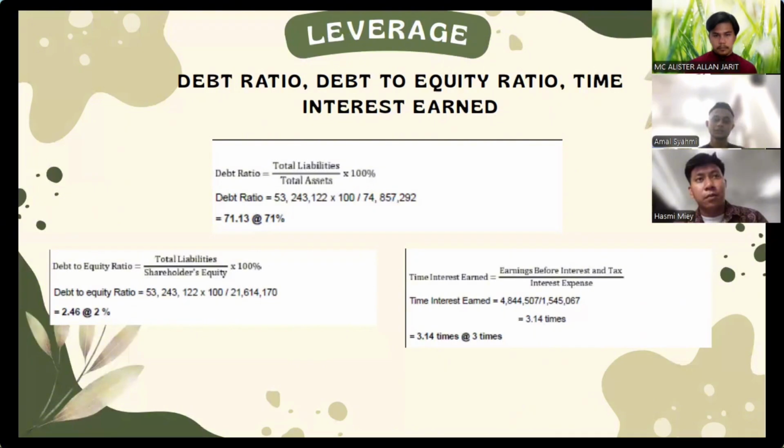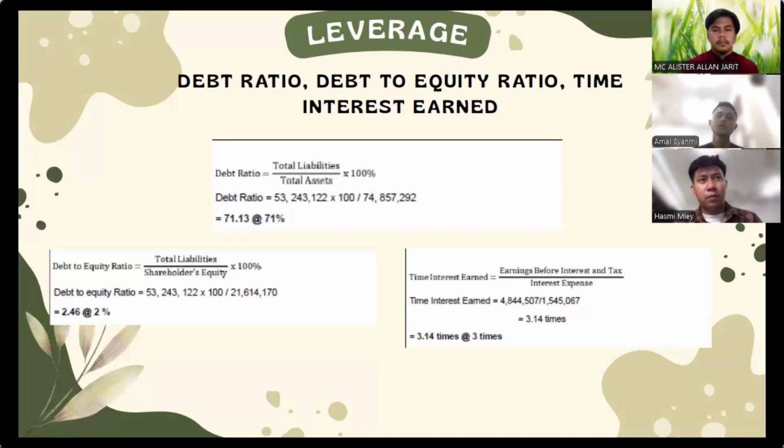And the last is return on capital employed, which is ROCE. It measures how efficiently the company uses its capital to generate operating profit. EBIT is 4,850,507,000 and capital employed is 64,243,000.